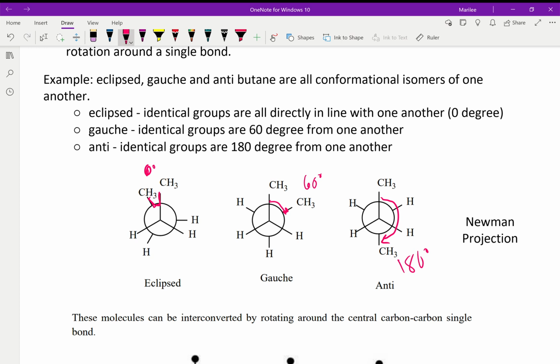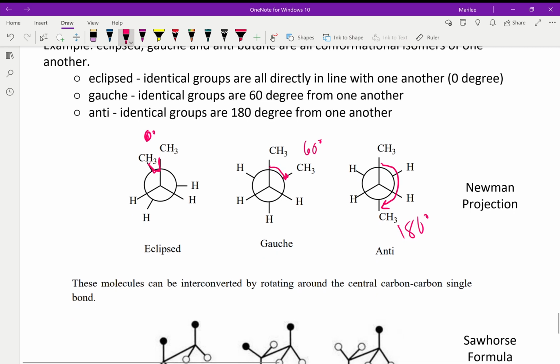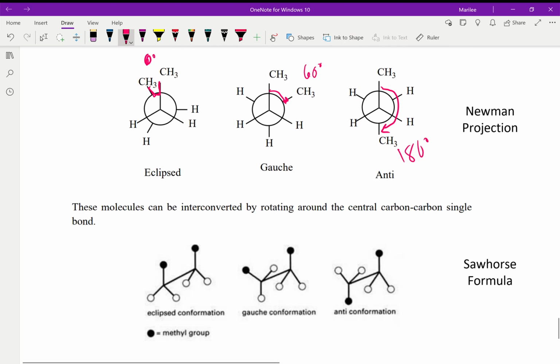So if you're having a hard time picturing this in your mind, this sawhorse formula will help you visualize it. So for our eclipsed, we have the 2 methyl groups, which are the black spheres. They line up. There's no rotation between them. Then we can rotate. For here, it's rotating to the left, but for our Newman projection, we rotate it to the right, but you got the point.